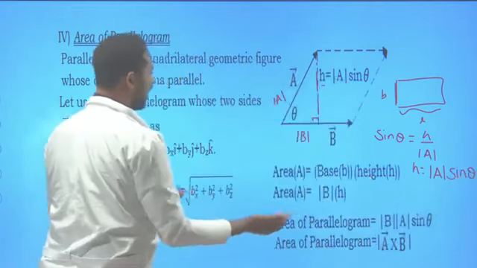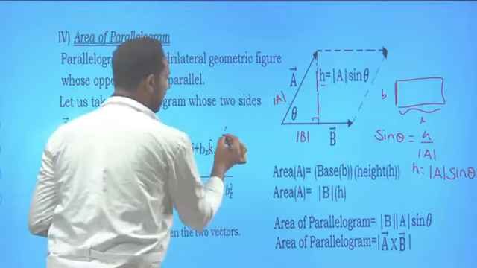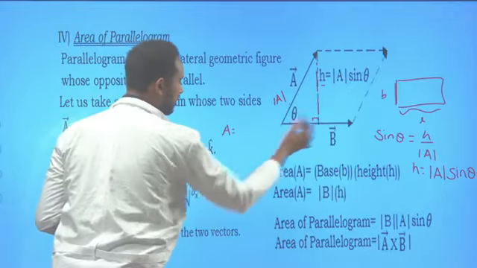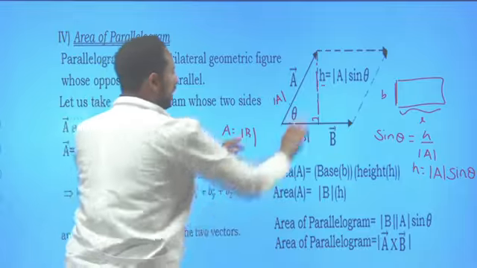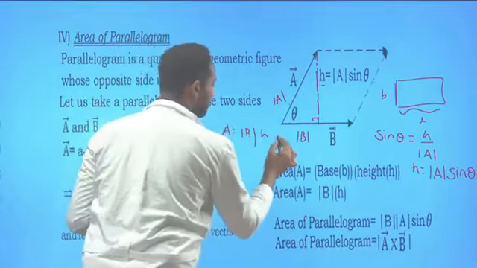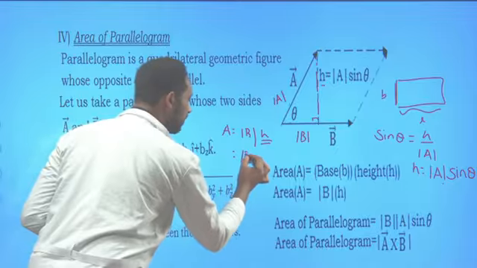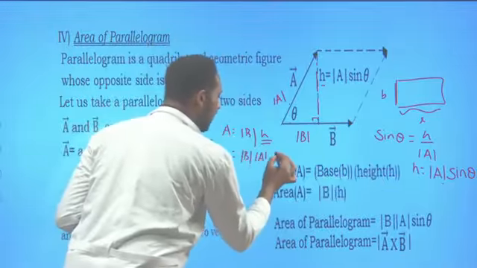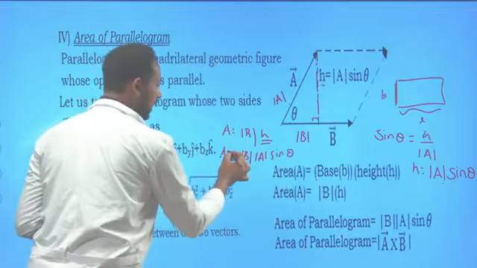We know that the area of a given parallelogram or rectangle is length times width. The length is, in this case, the magnitude of B, and the height h is the magnitude of A sine theta. This is the area.